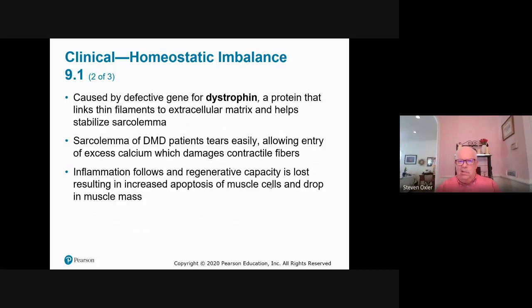It causes a leakage, a tearing of the plasma membrane, allowing entry of excess calcium into the cell to damage the myofibrils. We will talk about calcium and why calcium is so important in muscle contraction.